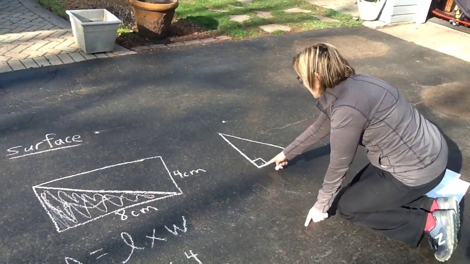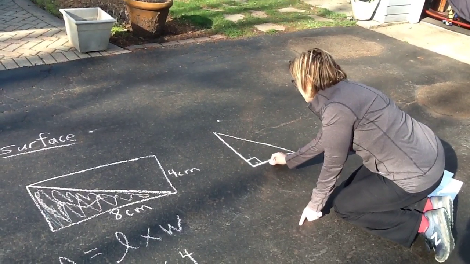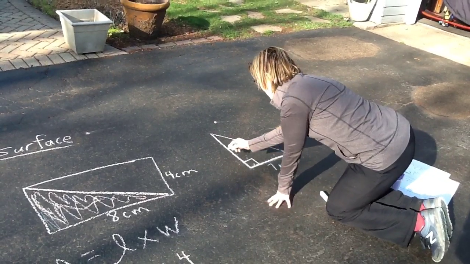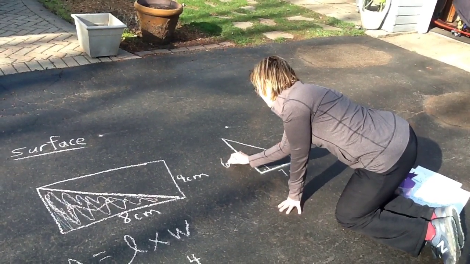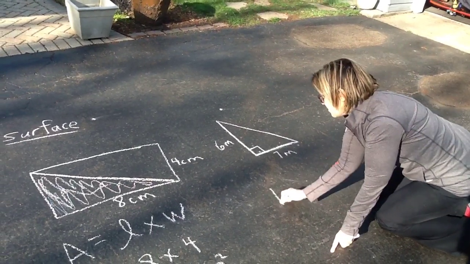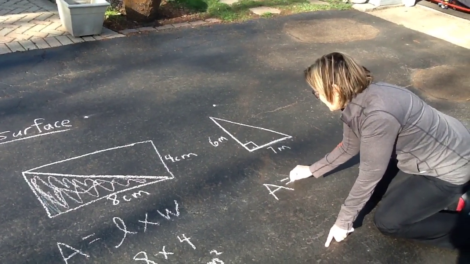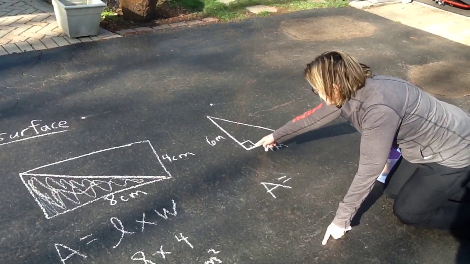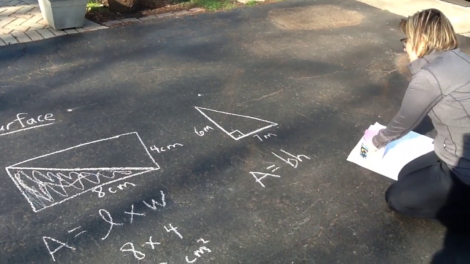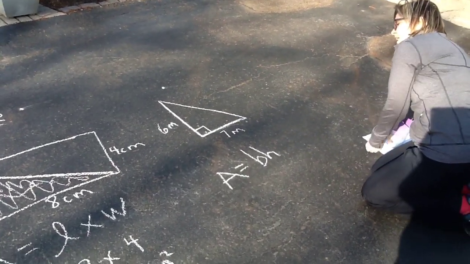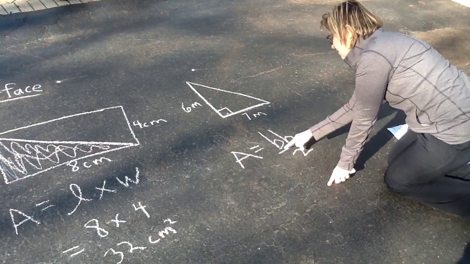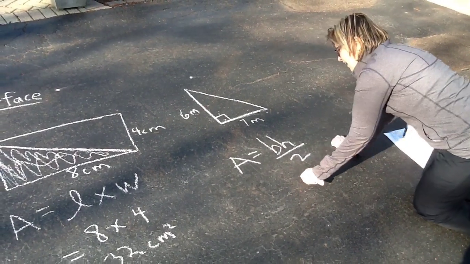So if my base were 7 meters, and my height was 6 meters, the formula I use for area of a triangle would be A equals base times height, using algebra, that means B times H, and then I divide it by 2. And don't forget, this fraction bar means divide.